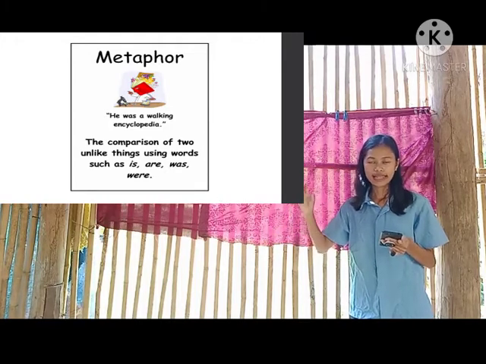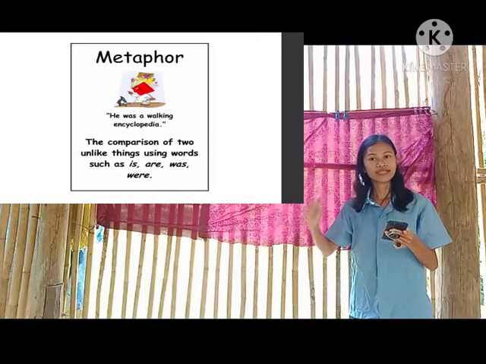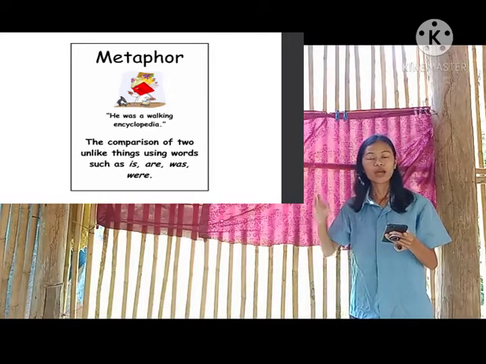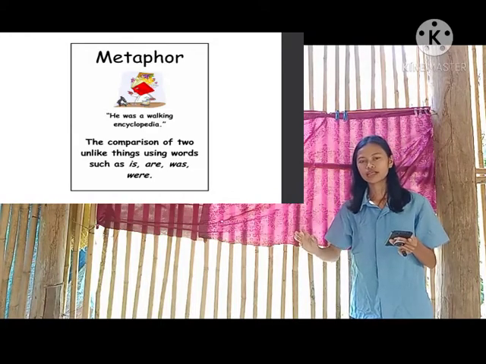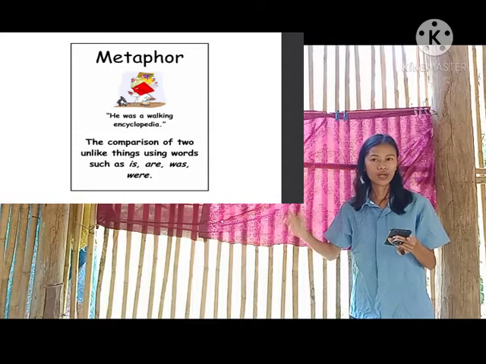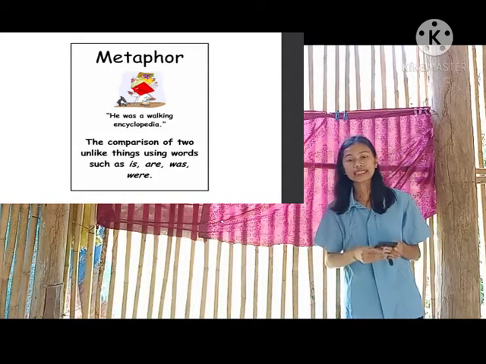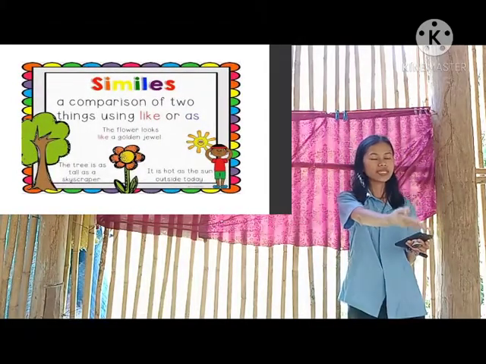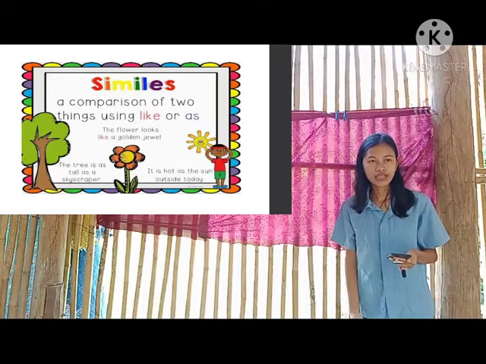He was like a walking encyclopedia. He was a genius. So here we use the word was to compare. So this is metaphor. And for the last one class, simile. Yes, James, please read what's on the slide. Okay, thank you, James.